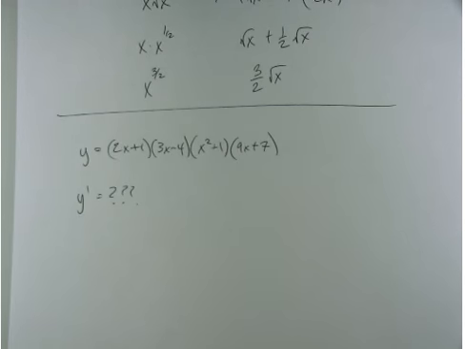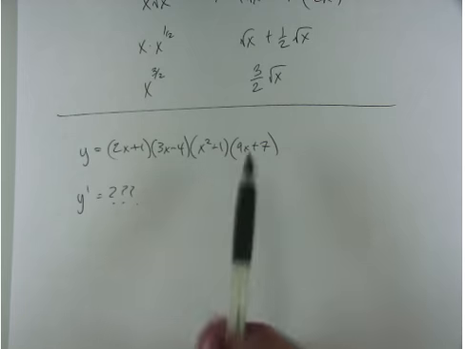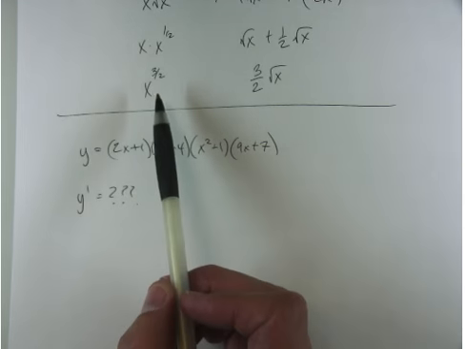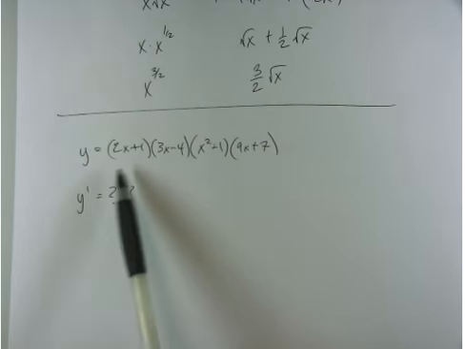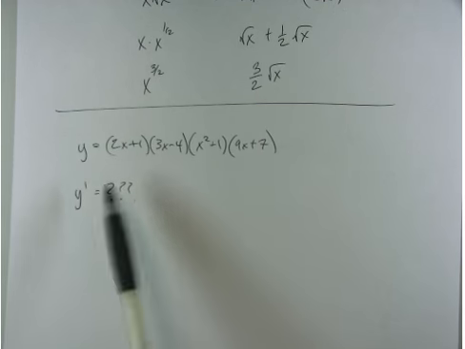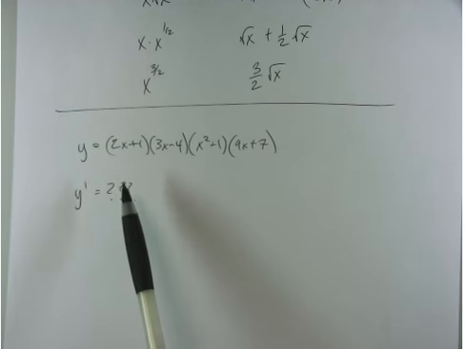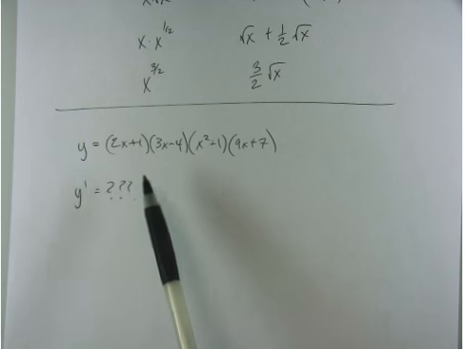And I wanted to know what y prime was. Well, I could certainly take this expression and try to make it look different the way that I could have here, right? I could take the time to multiply all of these expressions out, and then I would just have a regular old polynomial, and it would be really easy to differentiate. And so everybody raise your hand if you want to multiply all these out. Yeah, I don't want to either.